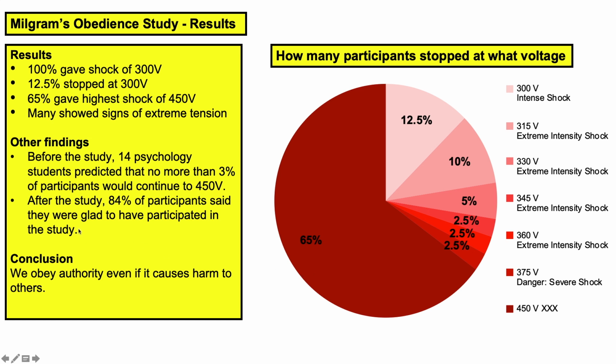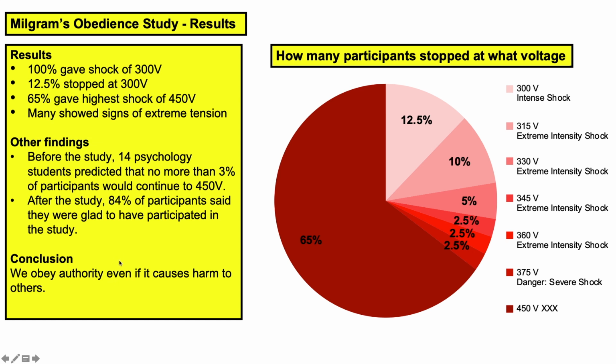And second of all, after the study, 84% of participants said they were quite happy and glad they participated, which is crazy because many of them probably thought that they seriously hurt another person, maybe even killed another person. So after being debriefed and learning that the person being shocked was actually a Confederate, an actor being paid, and there were no shocks, 84% said, you know what, this was fine, which is a surprisingly high number in itself.